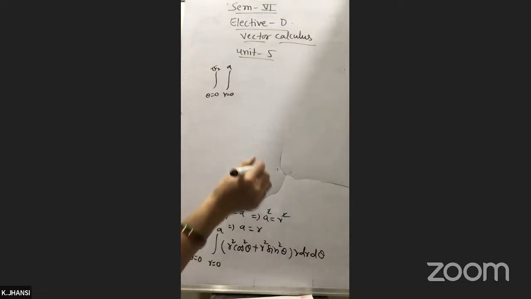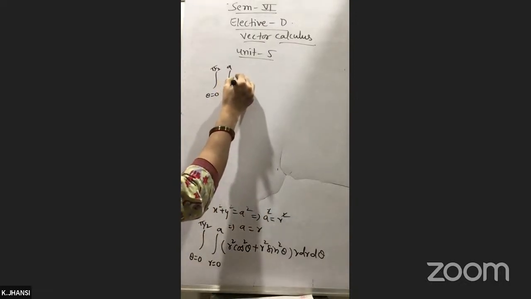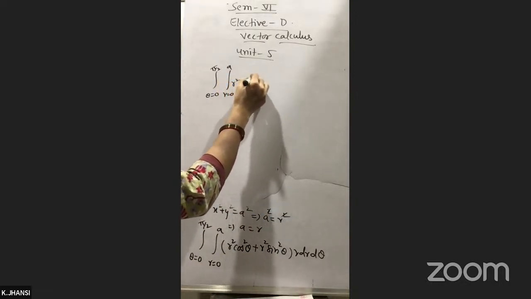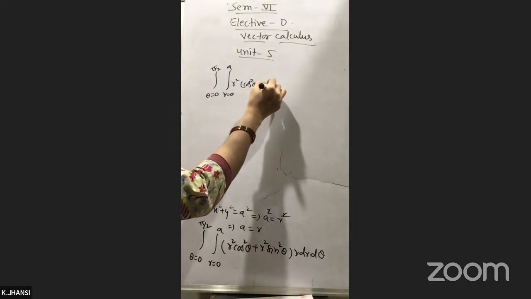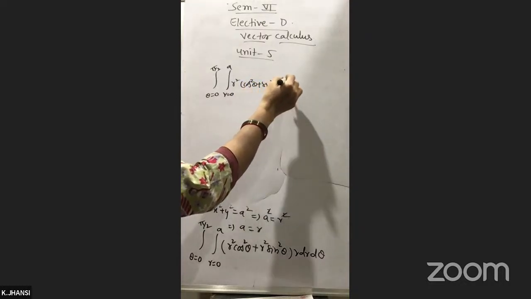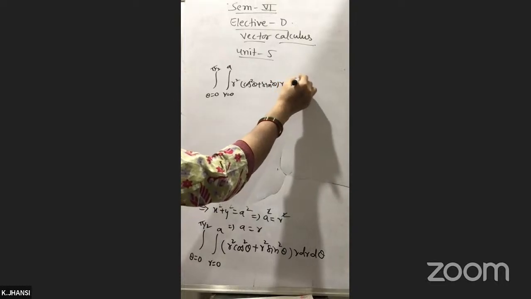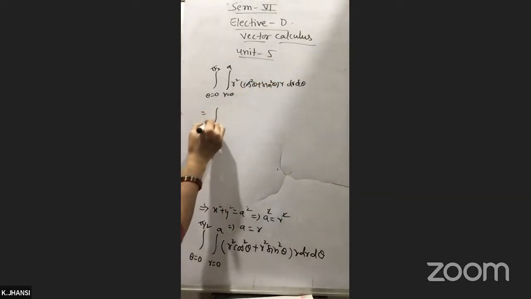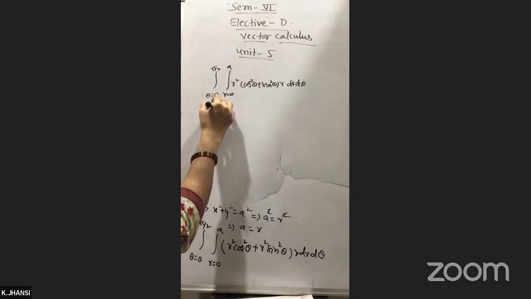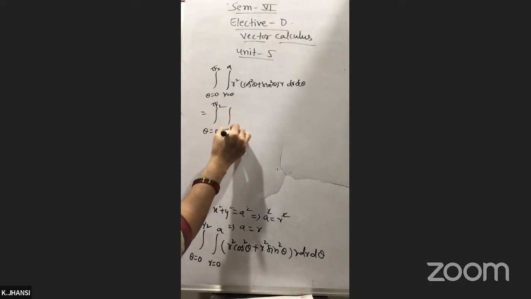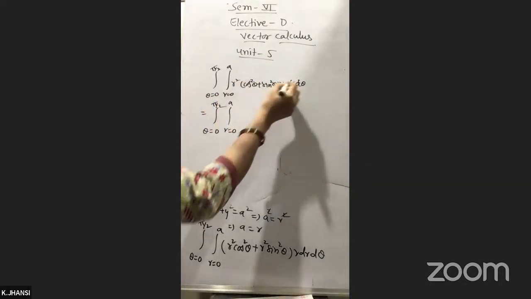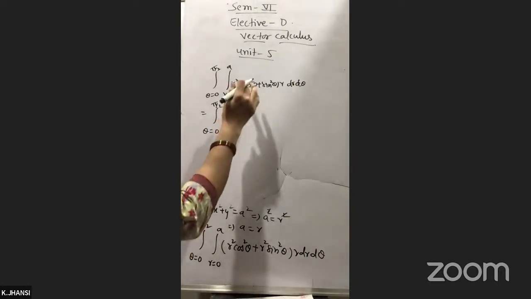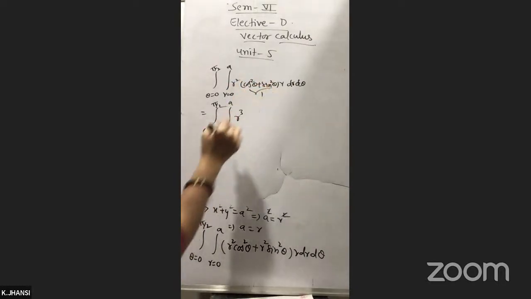If you take here r square common, r square into cos square theta plus sin square theta, one more r is there and dr d theta. So it is theta equals to 0 to pi by 2, r equals to 0 to a, r square into r is r cube. We know that cos square plus sin square is 1.